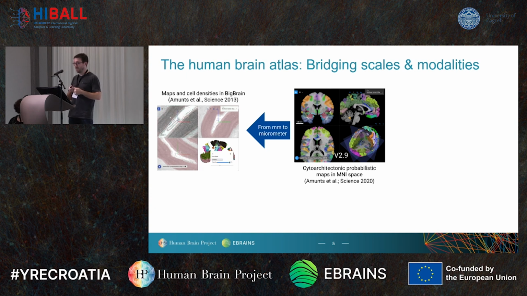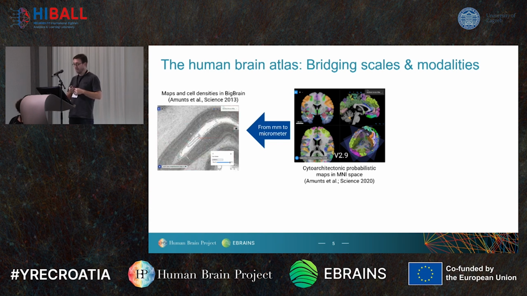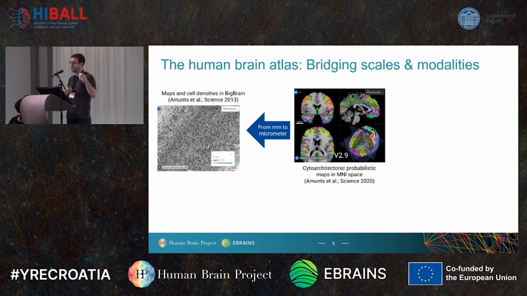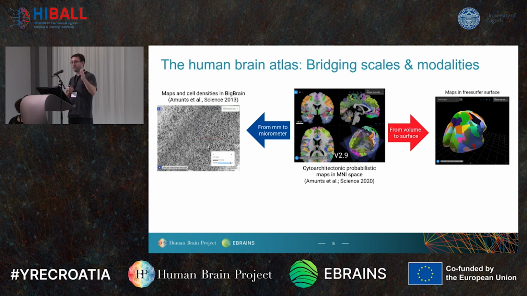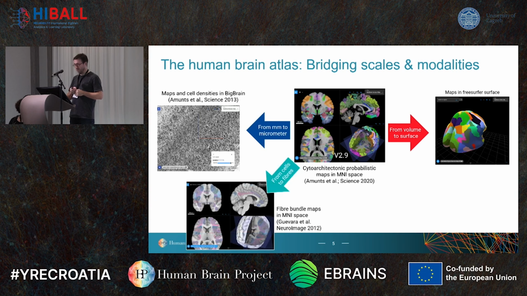So you have much more detail here in this individual brain, and the BigBrain serves as a reference space for the microscopic scale here, as compared to the MNI space where we have the probability maps. And here in the BigBrain you can zoom in, and we are integrating more and more information so that you can really go to the cellular level here. On the other hand, we have built links to the surface space that is used in the FreeSurfer pipeline, and that was already outlined by Katrin much earlier, which is also very popular in many communities now.